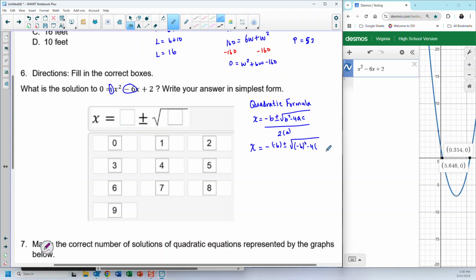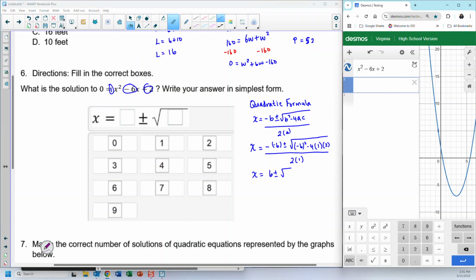There's no number there, which means a is 1, times c, and then c is 2, all over 2 times a. A is also 1 again. All right, so when we're solving the quadratic formula, we like to simplify first. So -6 times -6 will be +6, plus or minus the square root of all of this.